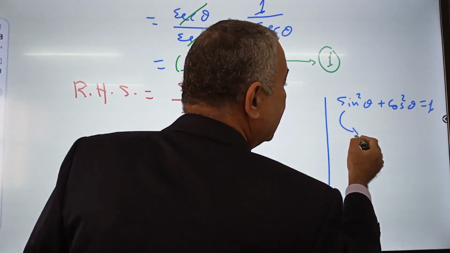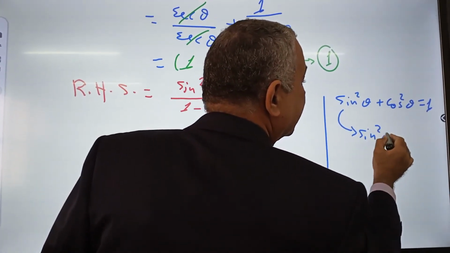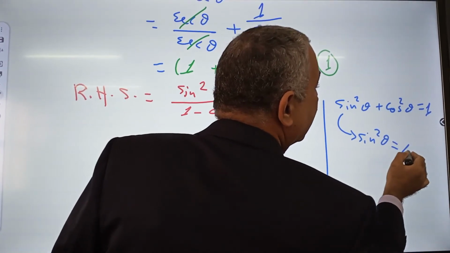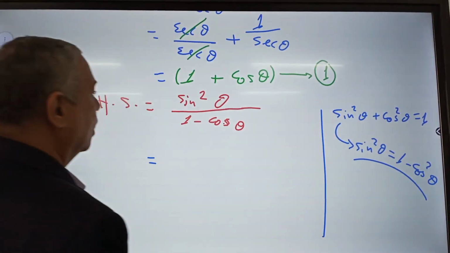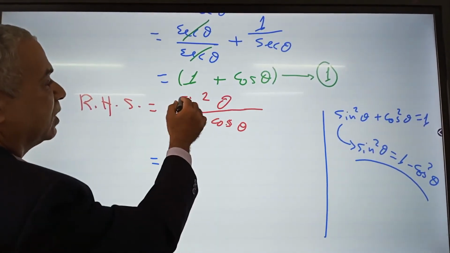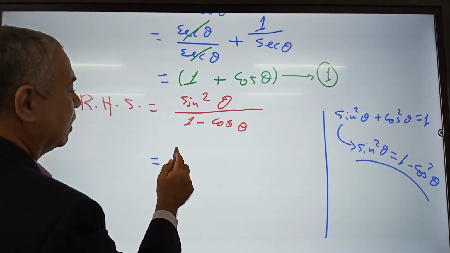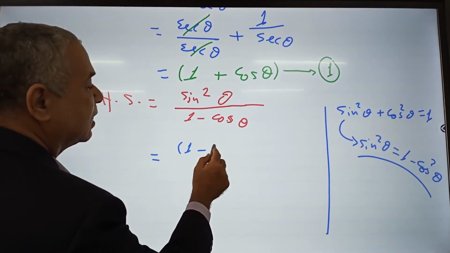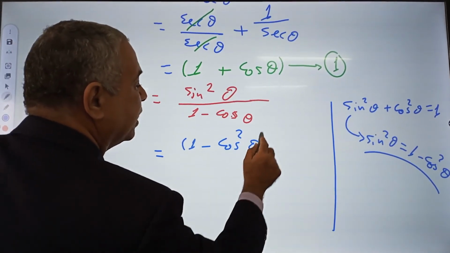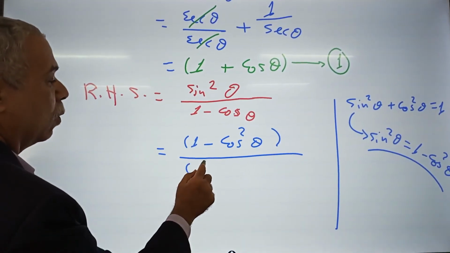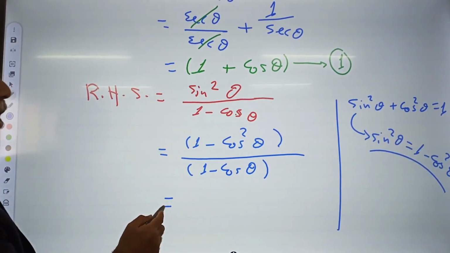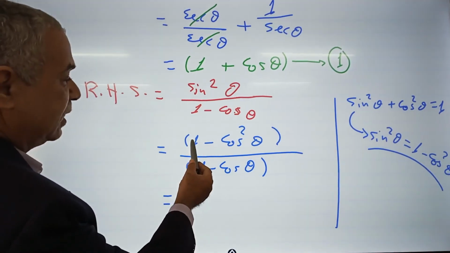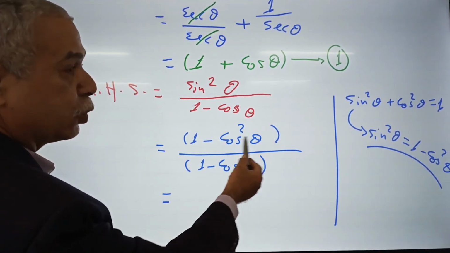So we can write sin²θ equals 1 minus cos²θ. So sin²θ over 1 minus cos θ equals (1 minus cos²θ) over (1 minus cos θ). Now we notice that this expression is the difference of two squares.